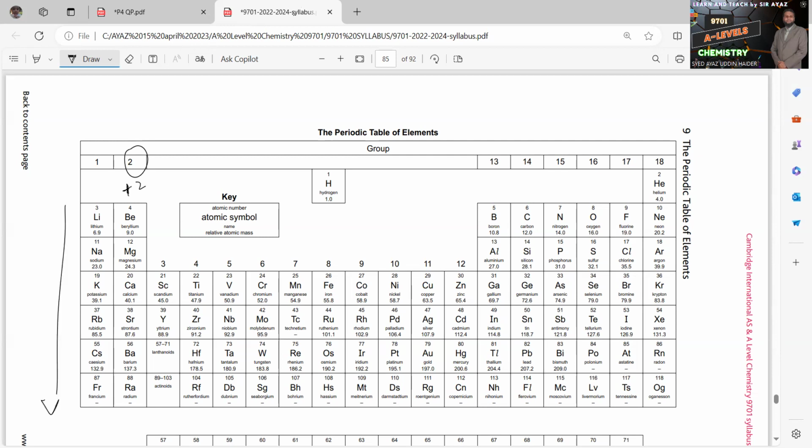The cation size increases, so they become less polarizable by the carbonate anion, because the C-O bond gets stronger down the group.